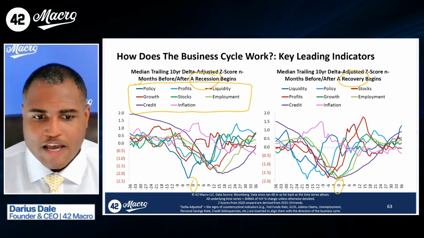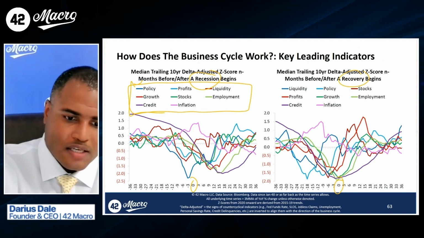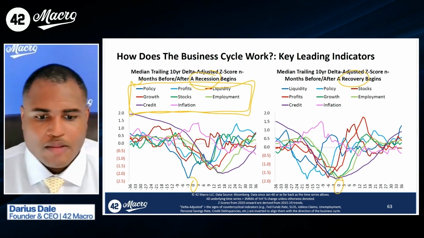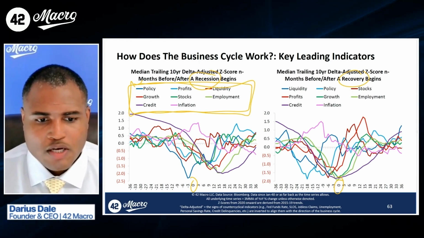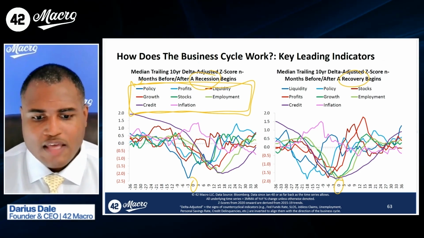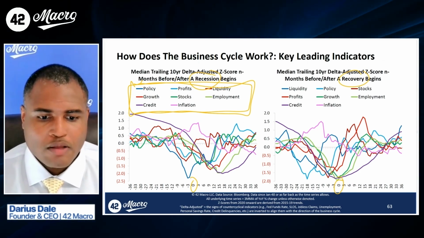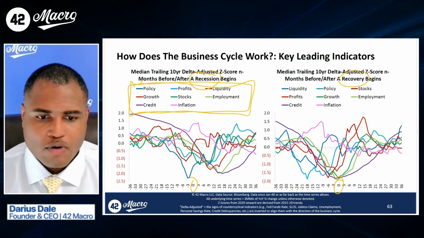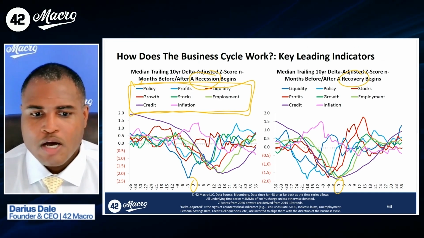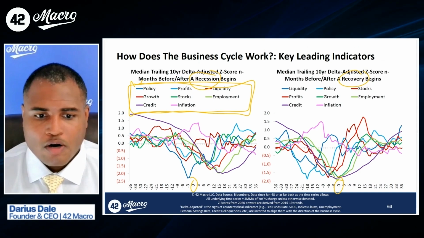And then finally, the table here, the key for each of those charts, is organized in the actual order of operations that shows how the business cycle actually works. So, for example, heading into a business cycle downturn, policy breaks down on a delta adjusted basis.